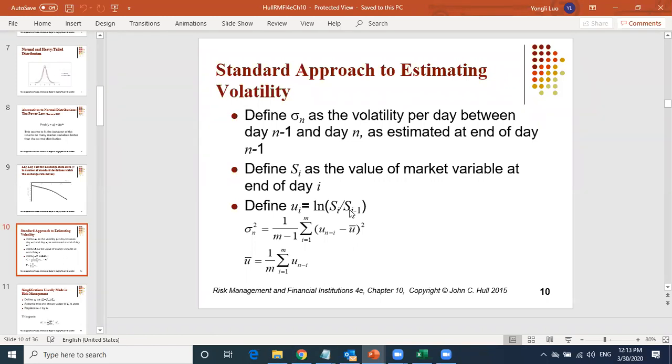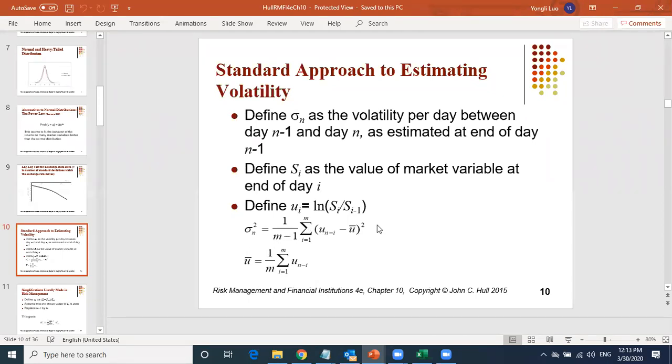Once you do that, you take the average. M is the total number of observations. You sum all those values and take the average, that's the expected return.